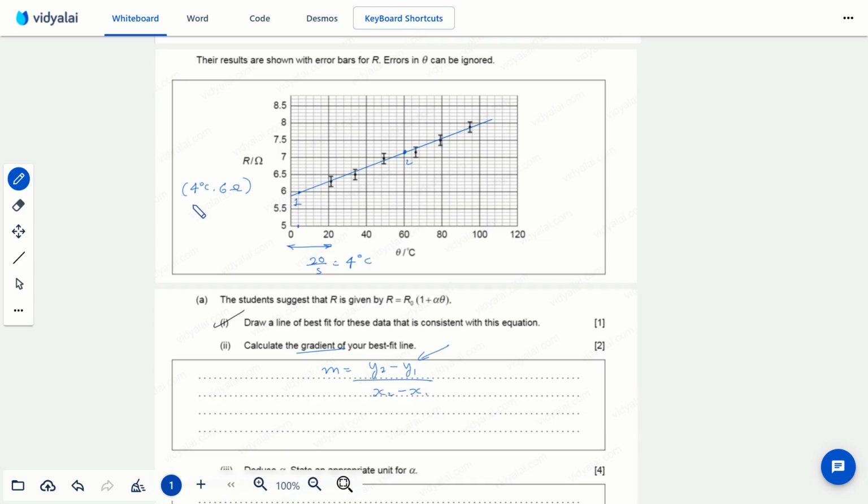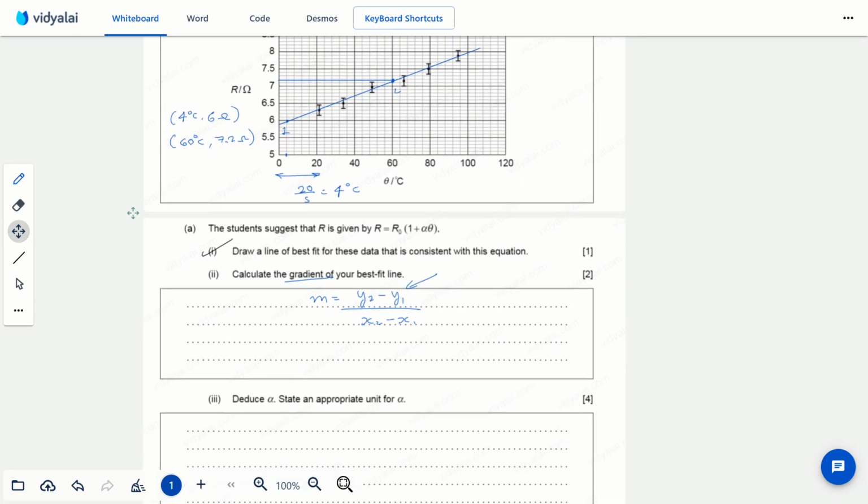And for the second point, we have 60, and I need to draw a straight line if I'm not sure where it's going to coincide or where it's going to intercept the vertical axis. So it's somewhere near 7.2 ohms. There we go.